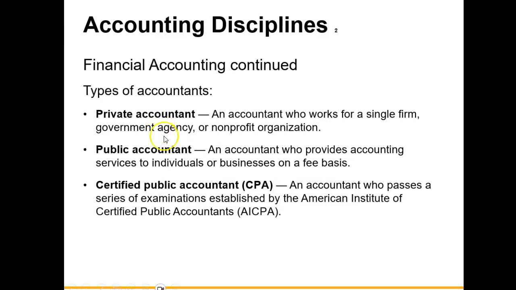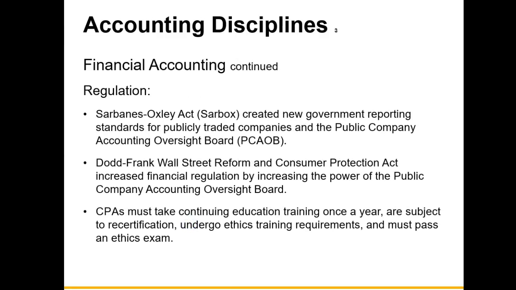A lot of public accountants have what we call a CPA license. That's an accountant who passes a series of examinations established by the AICPA, the American Institute of Certified Public Accountants. So as a CPA, you have a license, a credential that says you are qualified to do certain types of work within the accounting profession.